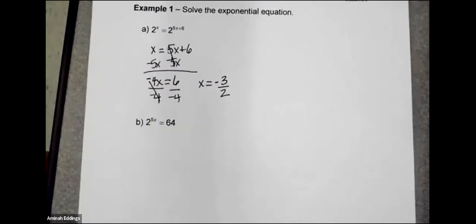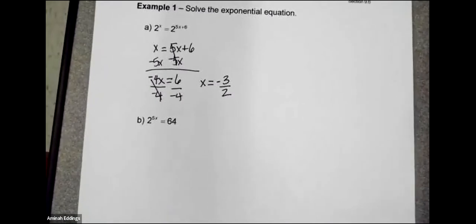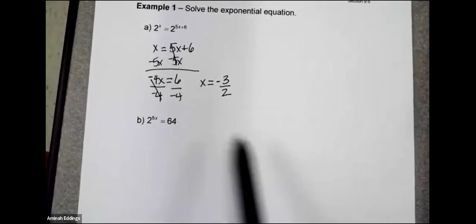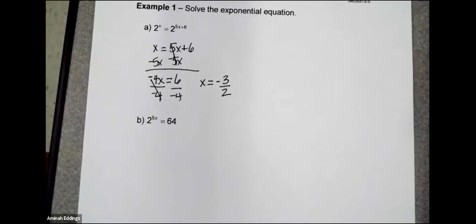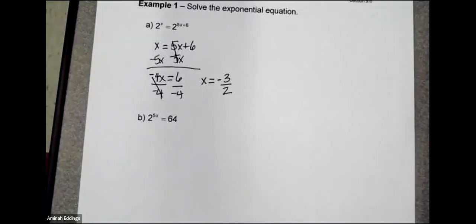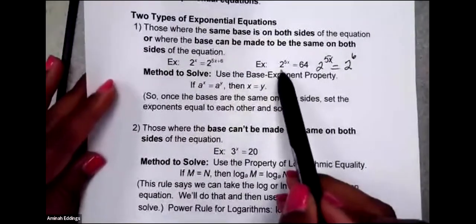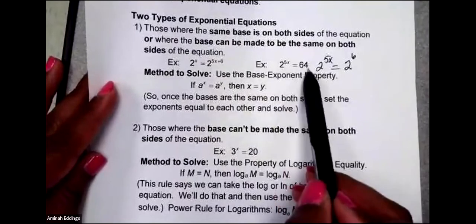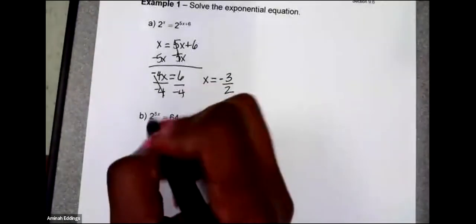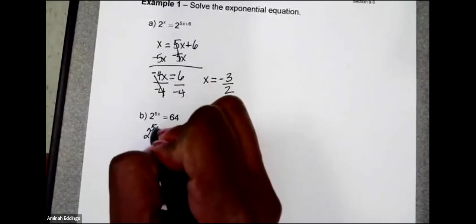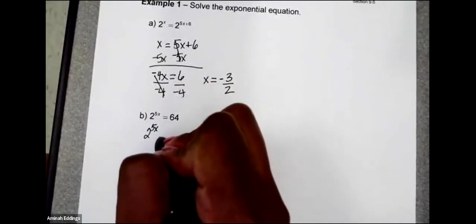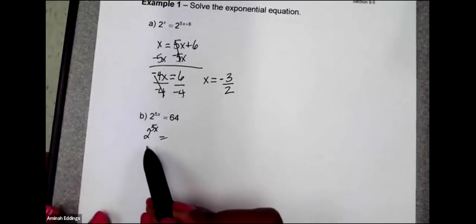All right, let's look at example 2. Example 2 says 2 to the 5x power is equal to 64. So we go back and look at our types. This is like that second one where our bases are not the same, but we can make them the same. So if I have a base of 2, that's that 2 to the 5x power, then as we did earlier, what can we do to 64 to make it a base of 2?